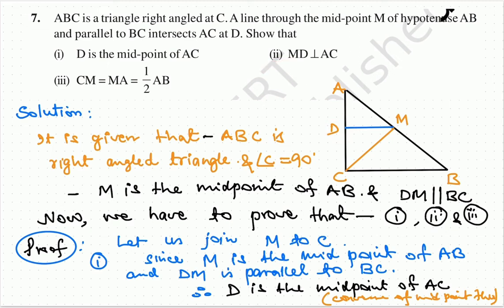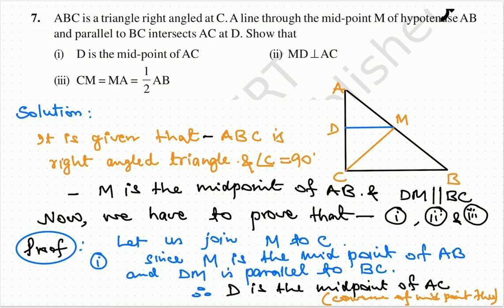Second, MD is perpendicular to AC. And third, CM is equal to MA, that is CM is equal to AM, and this is equal to half of AB. So let us solve this.